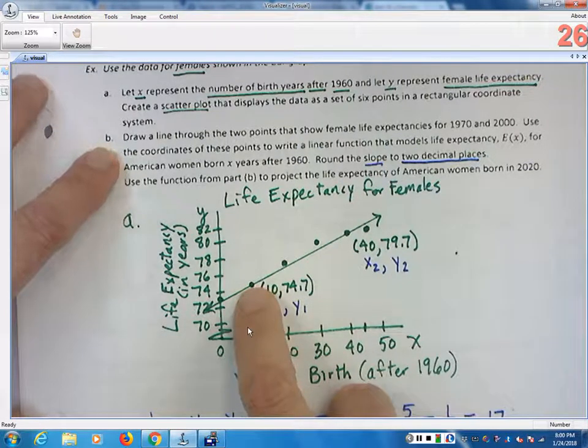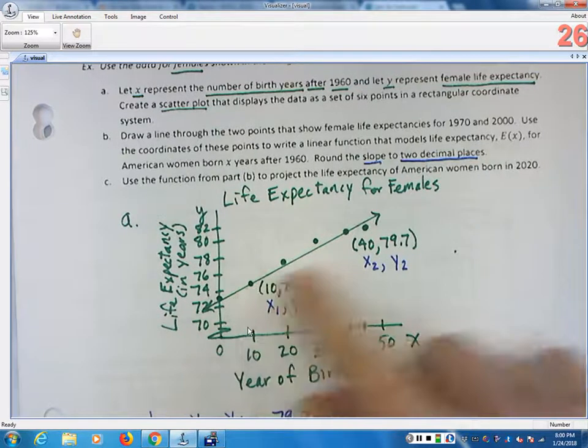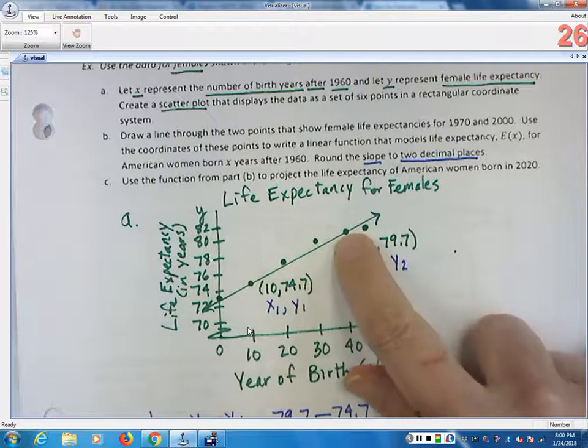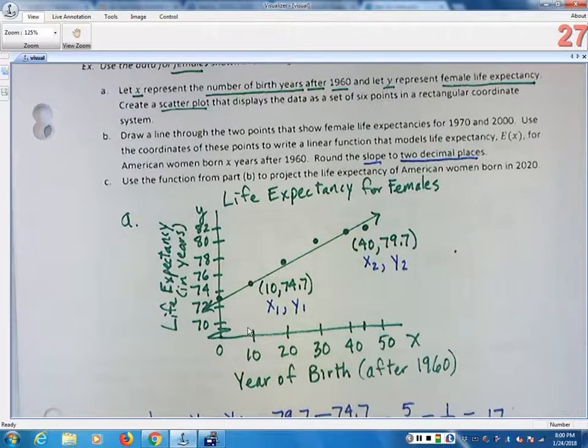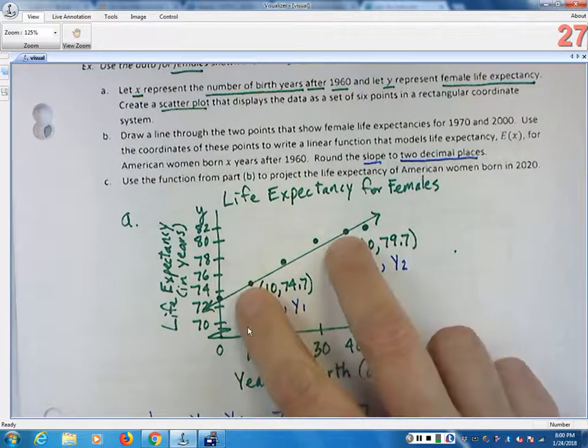So in statistics, you would actually put those points in the calculator, and the calculator would give you the best regression line. For this class, we're just saying, hey, these 2 points look like they form a pretty good line representing this function. So it's not the regression line that you get with your calculator. We're going to make a line using these 2 points.